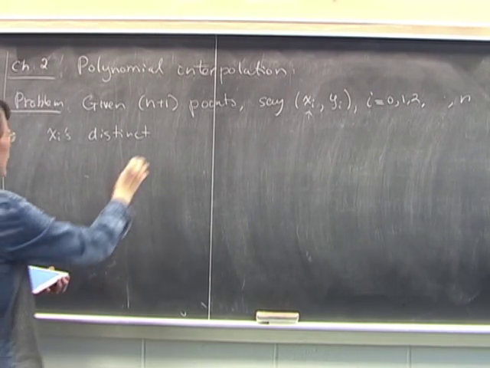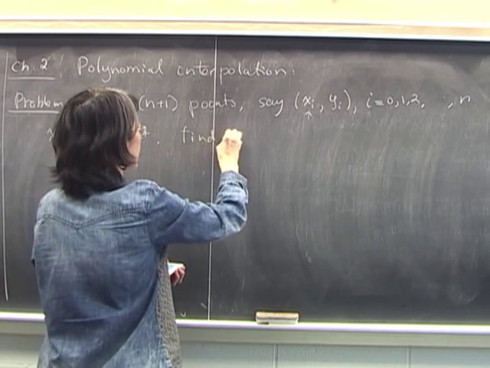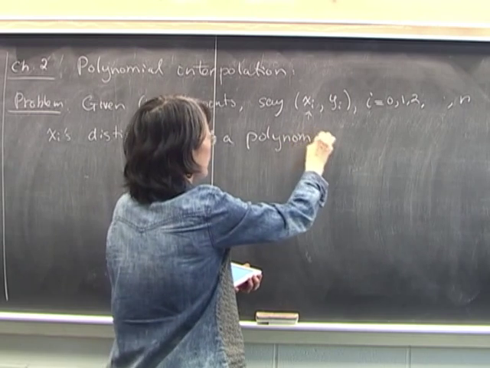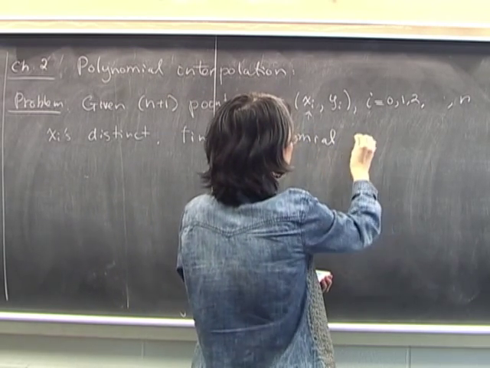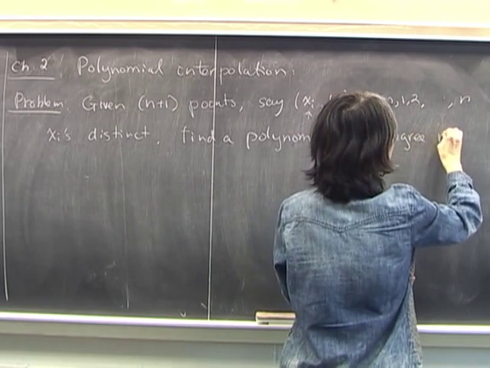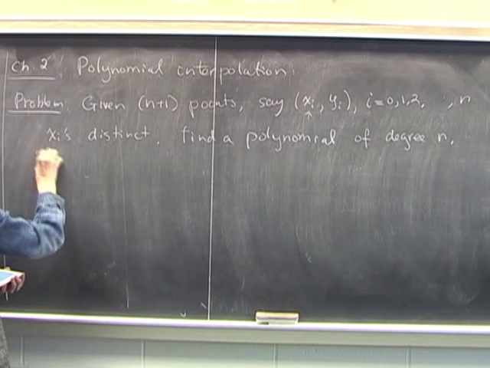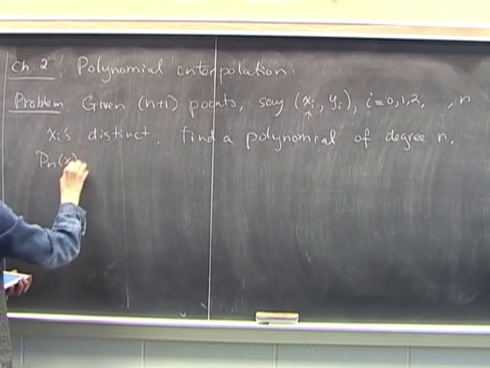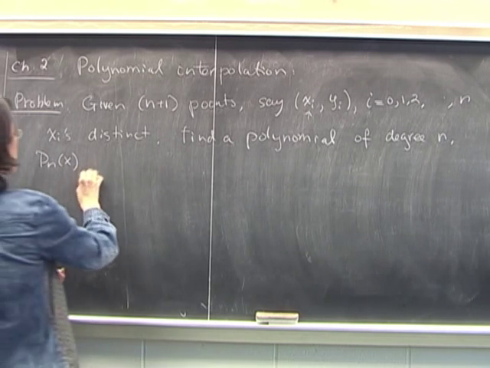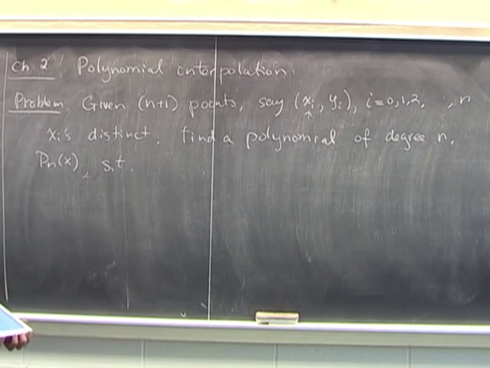Okay, and then our goal is to find a polynomial of degree n. Call it Pn of x. n is the degree of the polynomial, such that it interpolates the data.